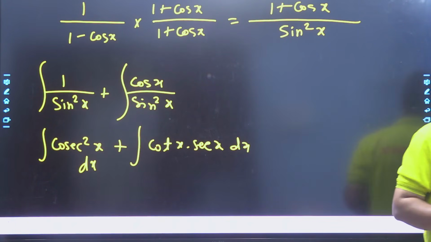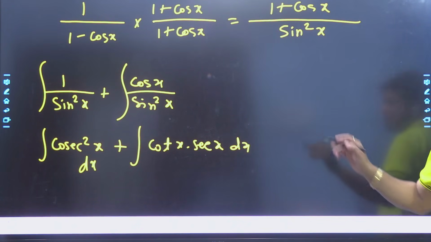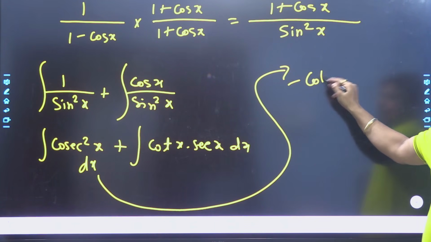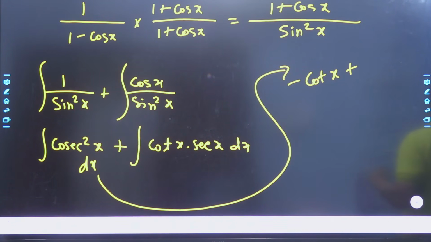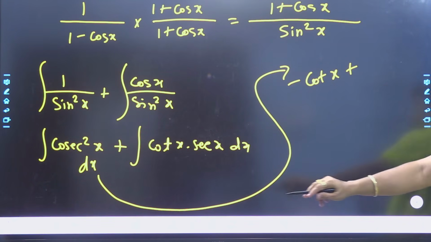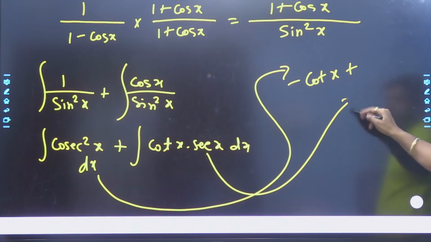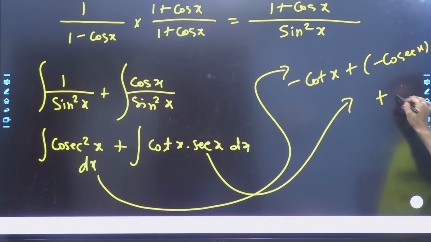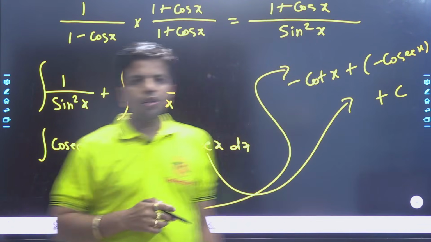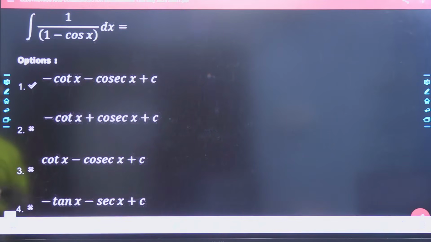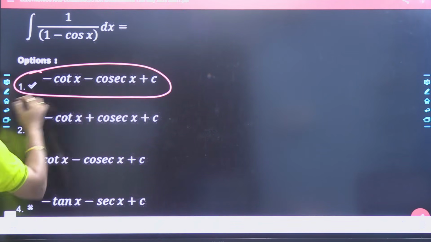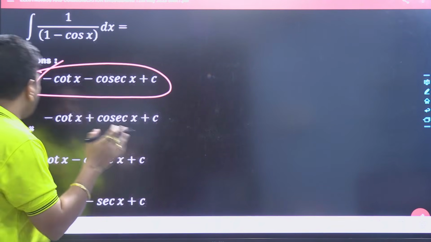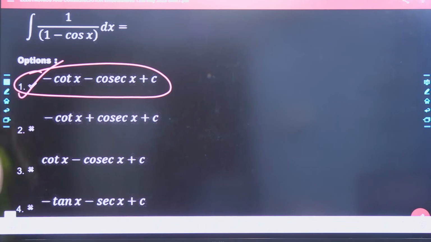The integration of cosec square is simply minus cot x, plus the integration of this, which is simply minus cosec x, plus constant. So just see, this option is given as the first one. You can go with the first answer. Are you getting that point? So the answer for this question is the first.